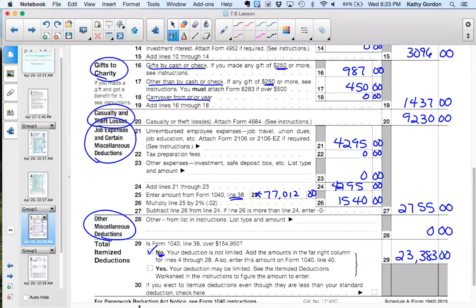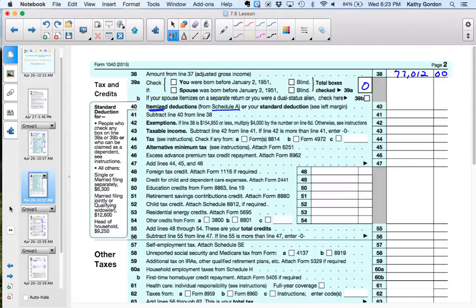And then line 30 says, if you elect to itemize deductions even though they are less than your standard deduction, then you are to check here. Okay? But if we go back to our 1040 form, our standard deduction for married filing jointly is $12,600.